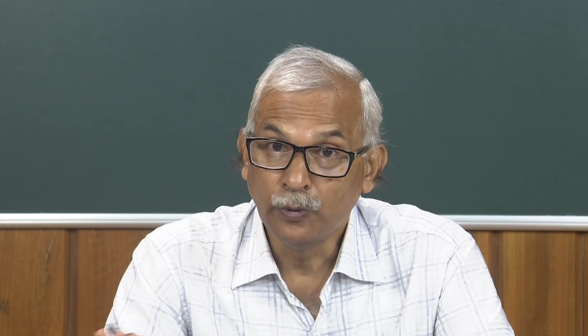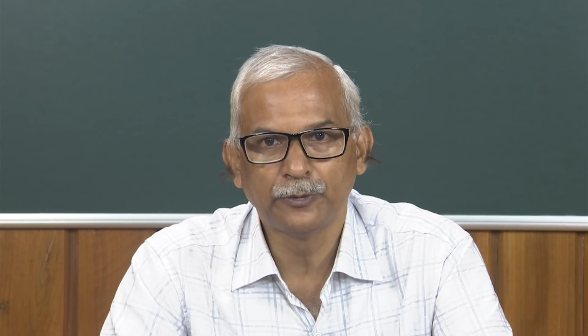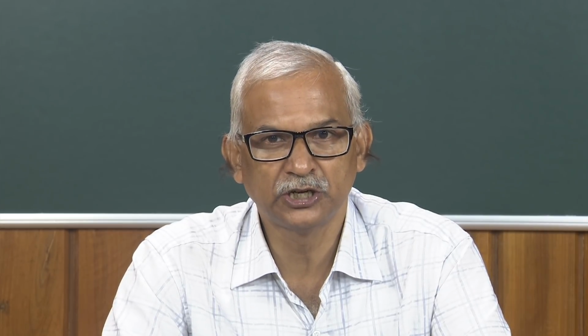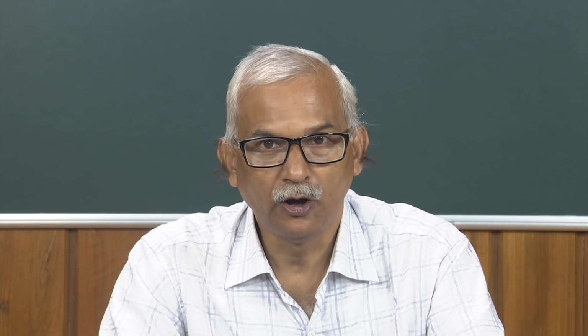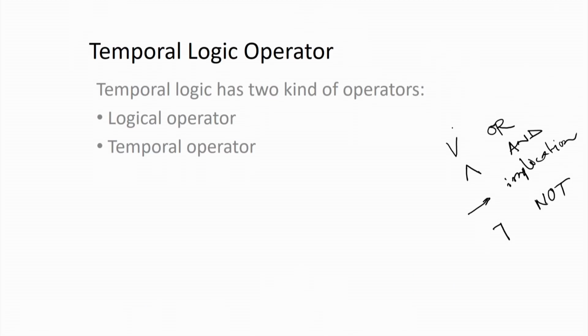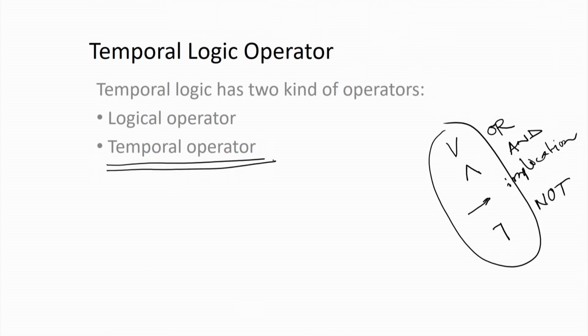That means two formulas can be conjuncted with the help of an and operation, or we can use the disjunction also on two formulas to get another formula. I think you know the meaning of those particular operators, and we are going to use the same meaning in temporal logic also. Along with that, we have some temporal operators. These are the additional operators that we have in our temporal logic. So, we are going to use all the logic operators as well as the temporal operators in temporal logic.